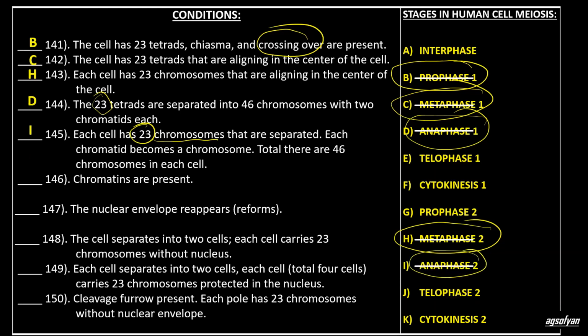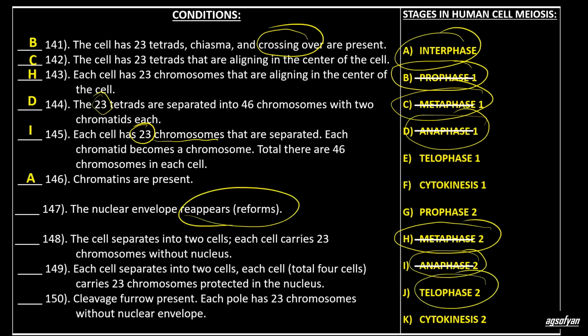Okay, chromatids are present. This is, of course, interphase. The nuclear envelope reappears only in telophase, and because this is meiosis, this one reappears only during telophase 2.